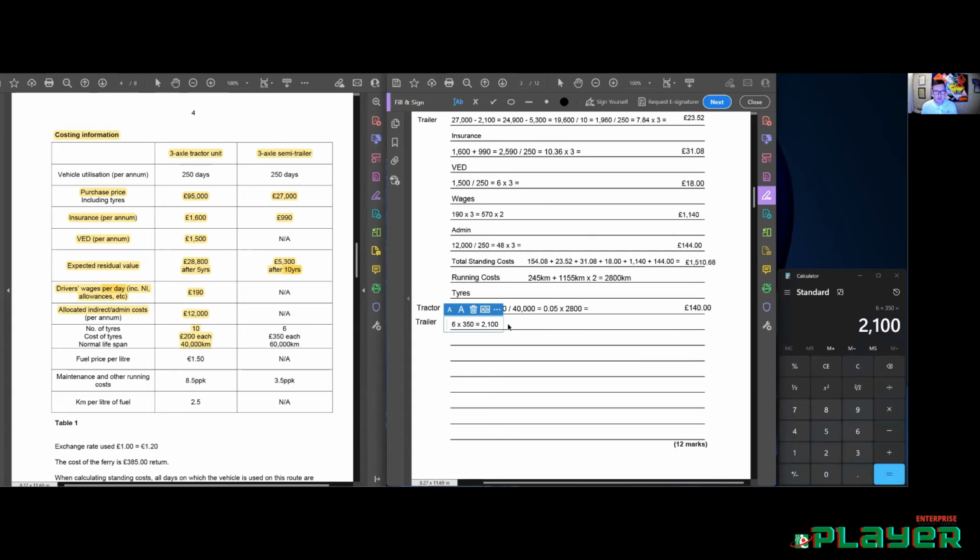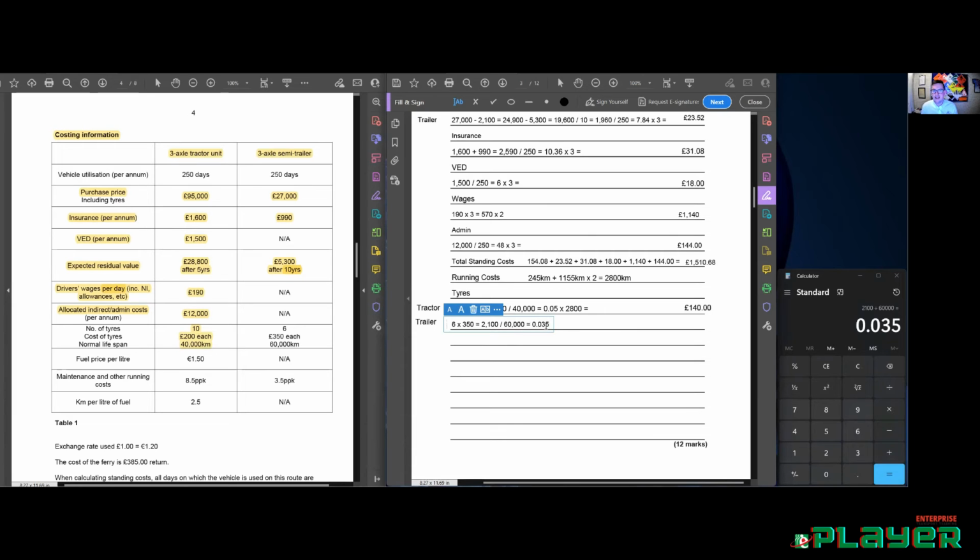2,100. And I'll divide that by their lifespan, which again is different to the tractor unit. It's now 60,000 kilometres. Divided by 60,000, which gives me 0.035.